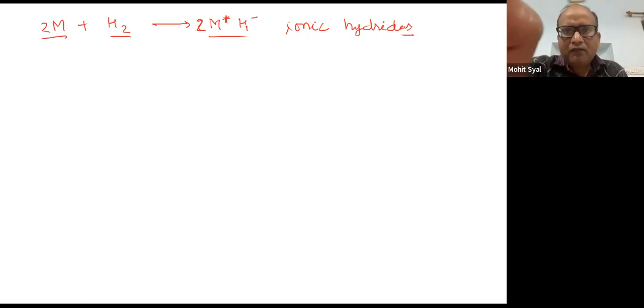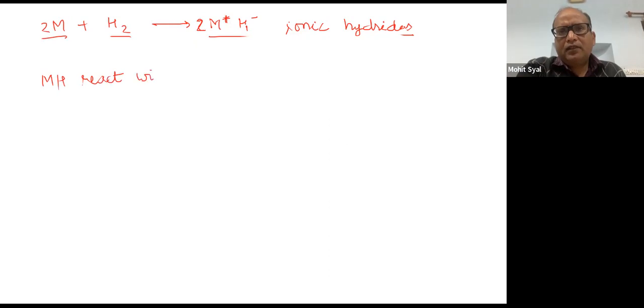These are ionic. And what is going to happen if you put these metal hydrides in water? They react with water. What do you get when the metal hydride reacts with water?